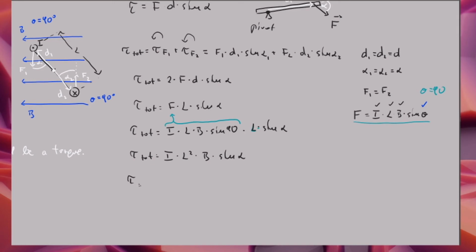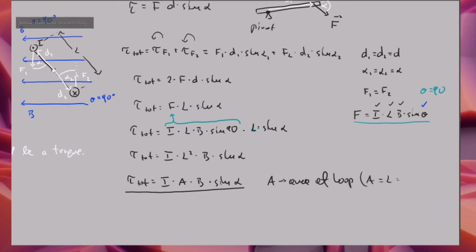And so this is the final expression: I times A times B times the sine of alpha. This would be the expression for the magnitude of the torque, where A is the area of the loop. And you can calculate A if you know the side of it is just L squared.